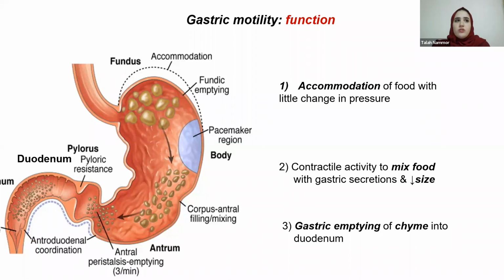Because when we eat food, our stomach is not as big as we think it is. If you went to the lab and saw it, it's so tiny. The amount of food we eat has to all be stored in our stomach. And what is even crazier is that it's not stored in all of the stomach.